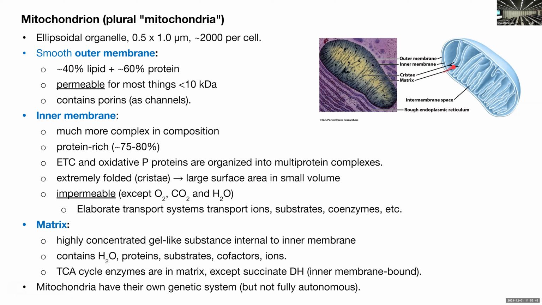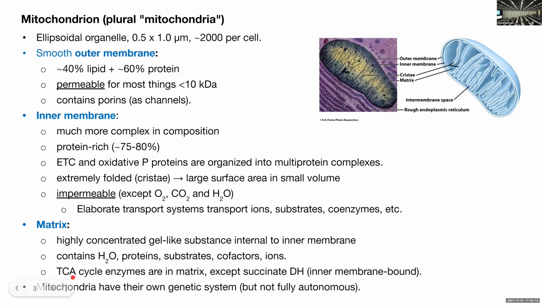And it has the matrix, which is right inside of the mitochondria, a highly concentrated gel-like, liquid-like substance. It contains lots of water, as well as soluble proteins. There are mostly enzymes for generating energy, processing the TCA cycle and so on, as well as cofactors and different ions.